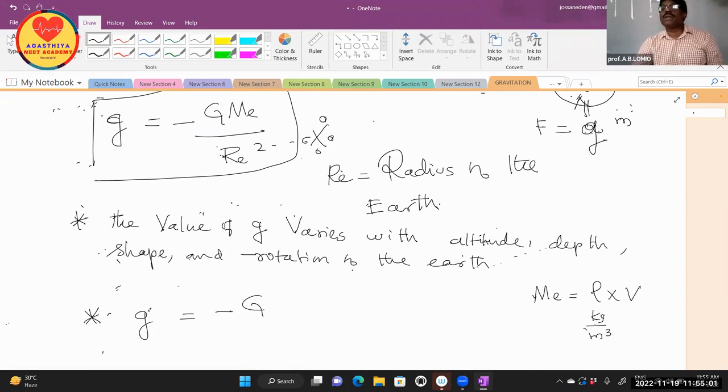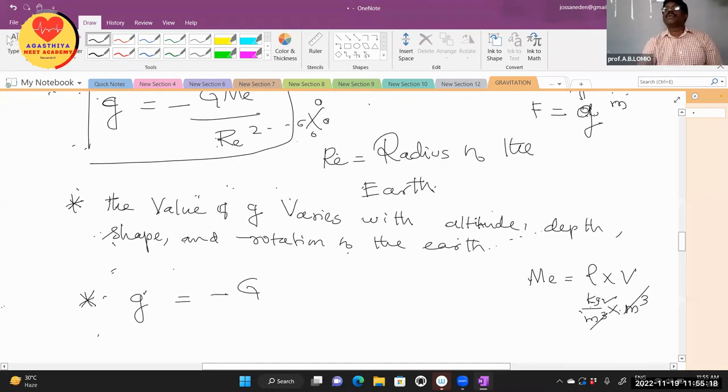One kg per meter cube of substance, when multiplied with meter cube, the meter cube gets cancelled, that is equal to mass. Therefore, if you want to calculate the mass, you have to multiply the volume with the density.